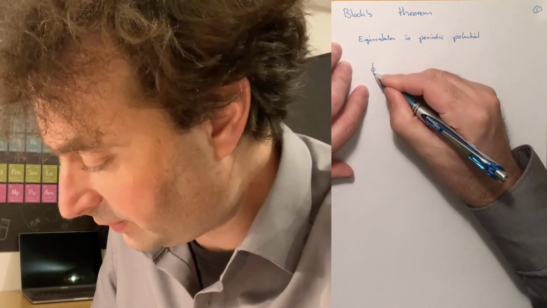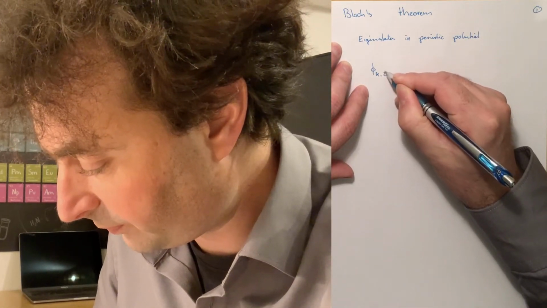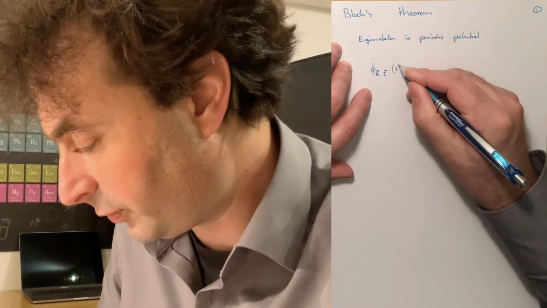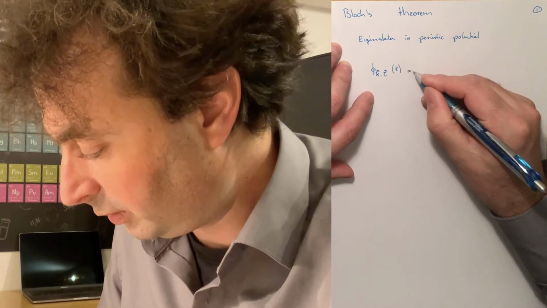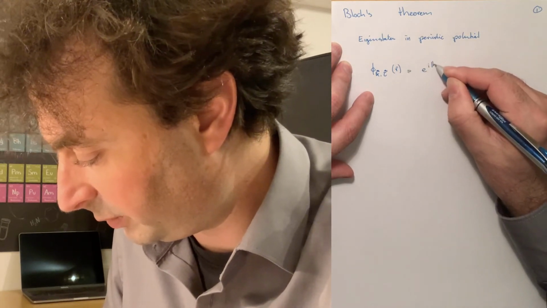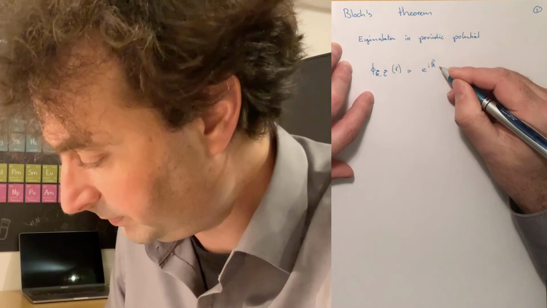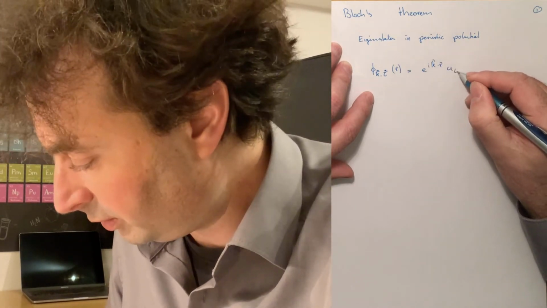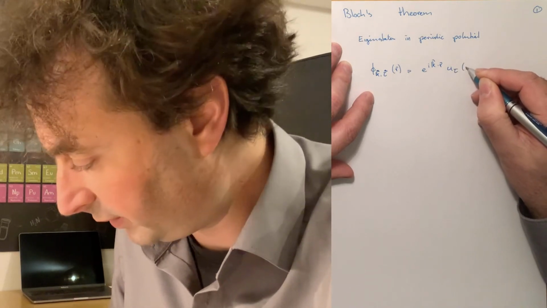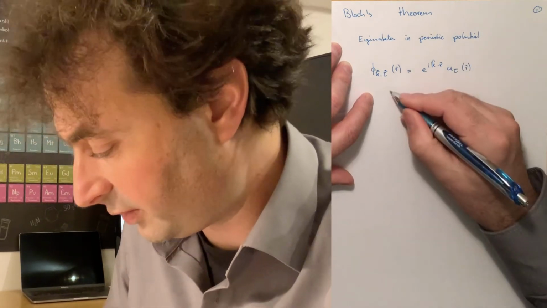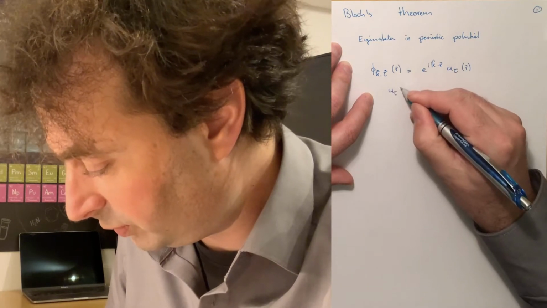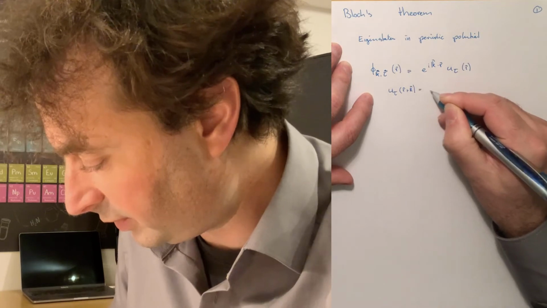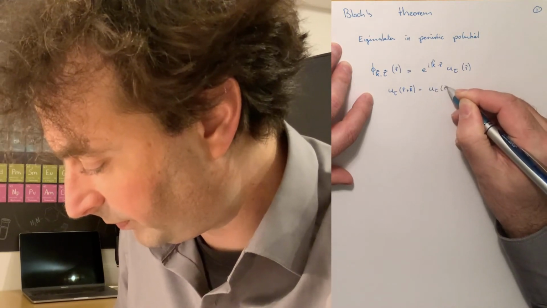And it states that all eigenstates can be written as a function of a plane wave with the wave vector that is the crystal momentum times a function that is periodic in the crystal lattices, such that u_τ(r + R) is equal to u_τ(r).